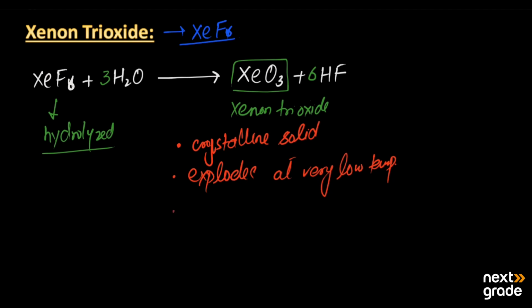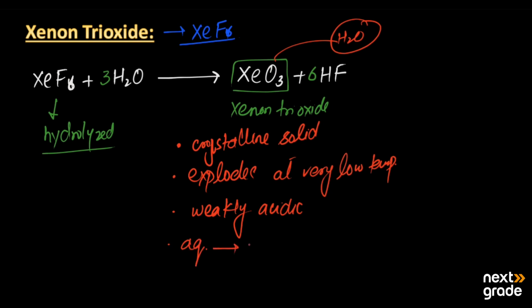Xenon trioxide is weakly acidic in nature. When we add it to water, its aqueous solution is basically a non-conductor.